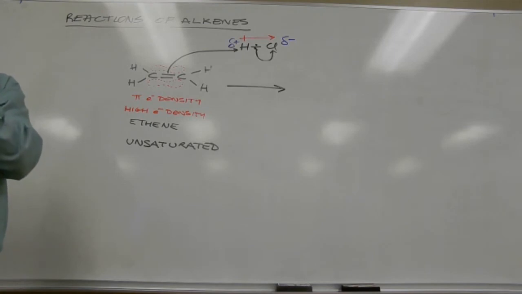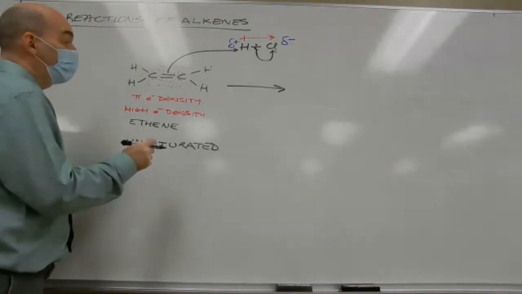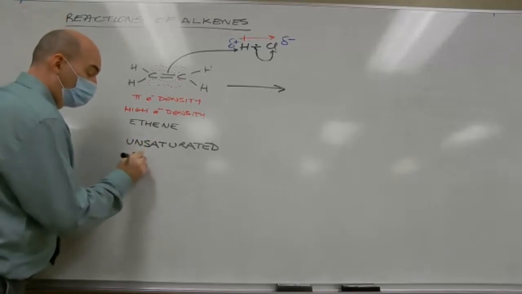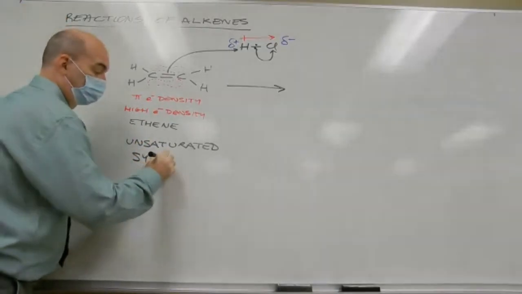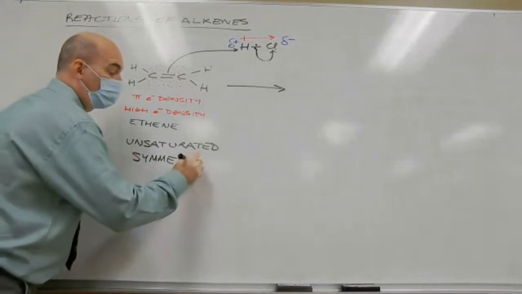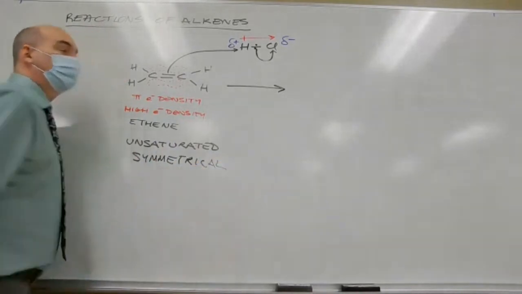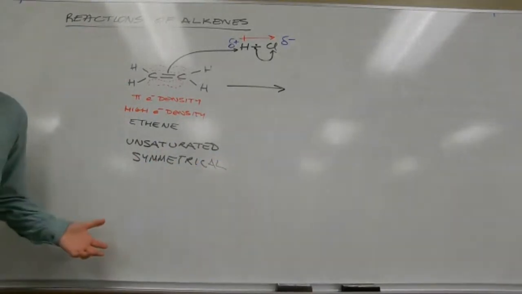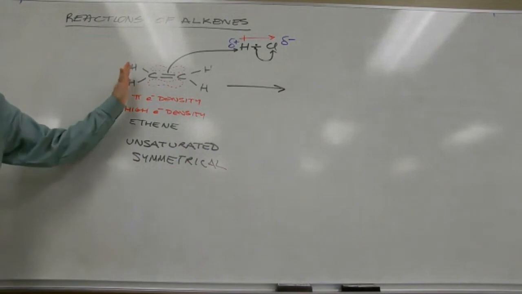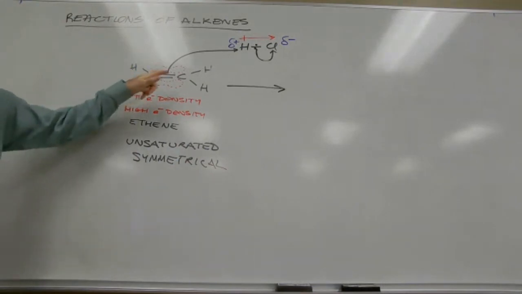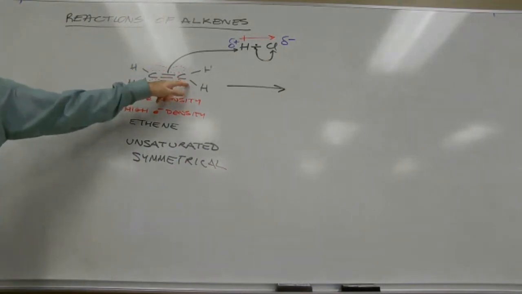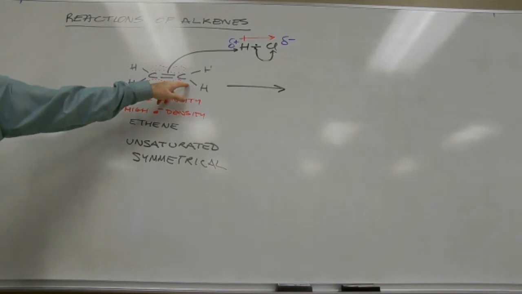The answer could be no. No, the answer is no, because my starting reactant is symmetrical. So attaching the hydrogen to the left or attaching the hydrogen to the right makes no difference.